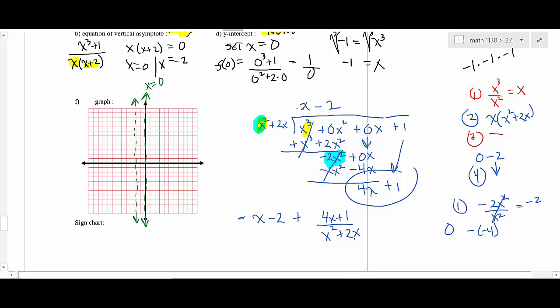Now here's something that we've learned that you want to think about. Let's think about what would happen if x was infinitely big. What would happen to this part right here? What's the degree of the top? 1. What's the degree of the bottom? 2. So what happens as that goes to infinity? What did we say the horizontal asymptote was? 0.